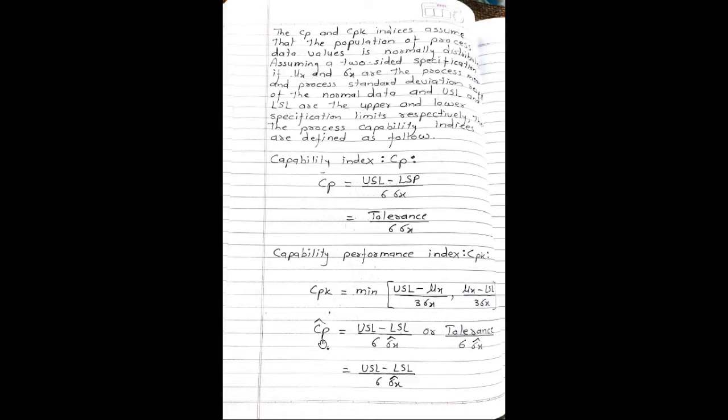So CP is nothing but upper specification limit minus lower specification limit divided by 6 sigma x, or tolerance upon 6 sigma x.